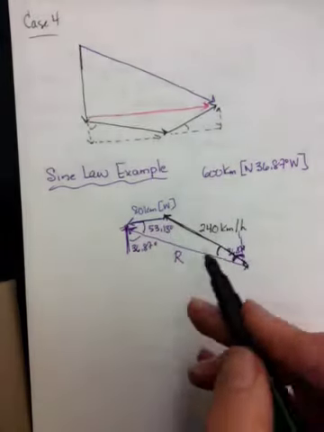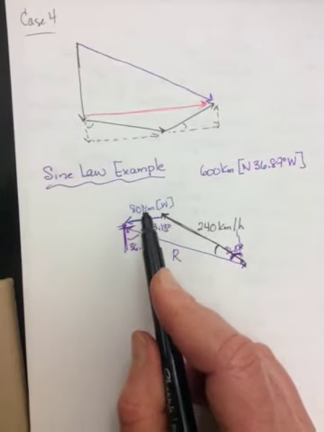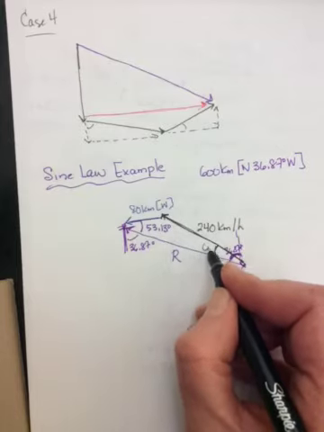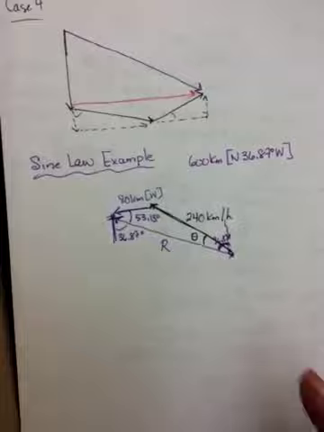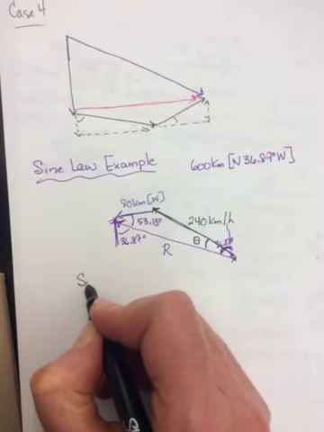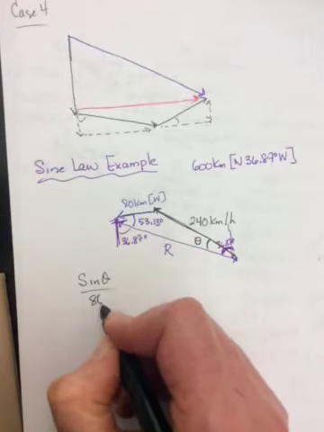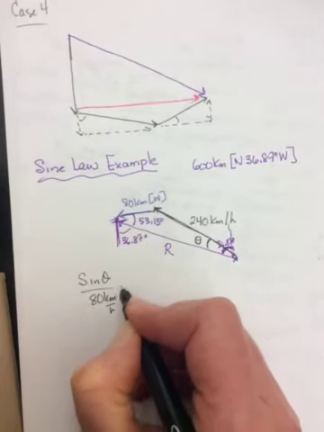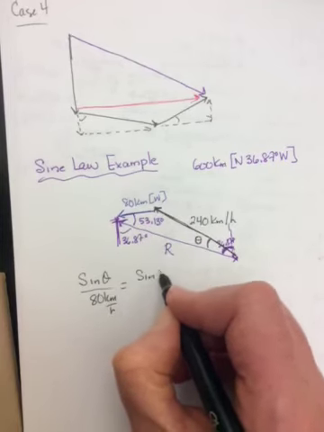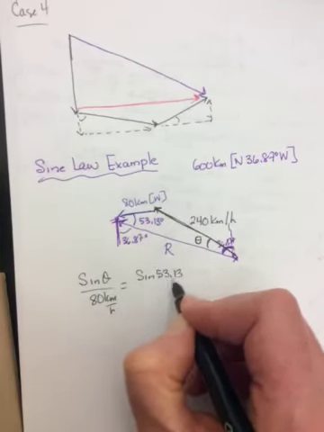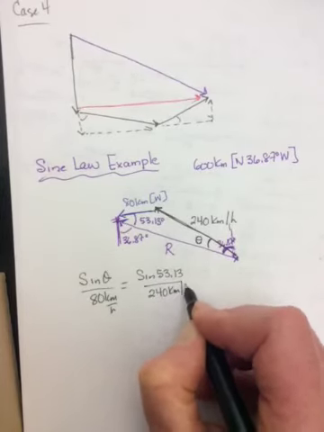And so now when I look, I have an angle and its opposite side, and a side, I could find this opposite angle. And that's what I need to do. And to do it, I can use the sine law. So I can do sine theta over its opposite, which is 80 kilometers per hour, is equal to the sine of 53.13 over 240 kilometers per hour.